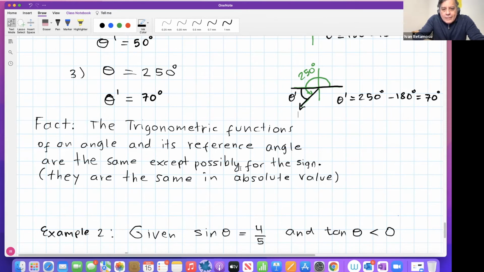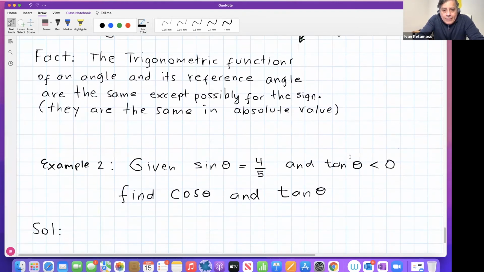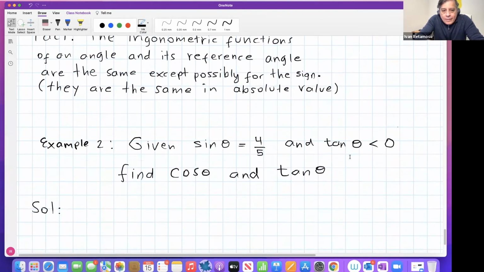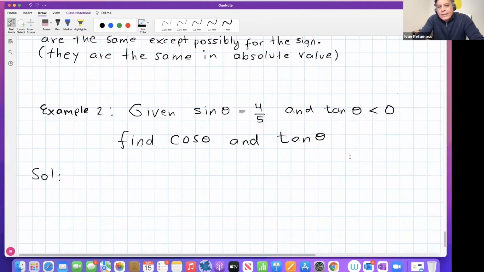This is telling us that numerically, the values of the trigonometric functions are the same for the angle and for its reference angle, right? The sign may not be the same, but we don't have a problem with the signs for the trigonometric functions because we have this mnemonic device, all students take calculus, right? We can take care of the signs using that. So we're gonna use this fact and the reference angle to go over different exercises.